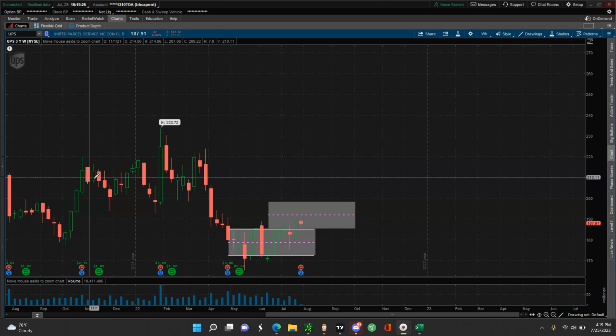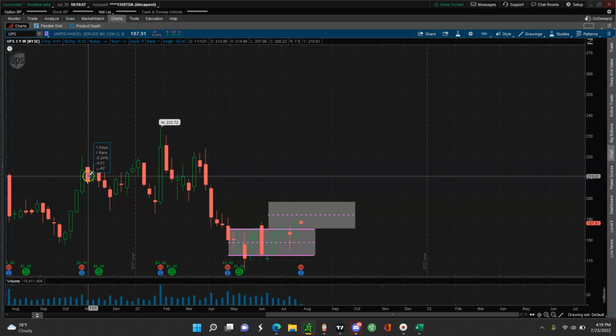But let's go ahead and talk about what I would do for UPS. For UPS specifically, what I've noticed is that it had been trading in a range. So I would not choose a strike outside of that range, because the price action had been telling me that anything outside of this range is going to be low probability for you.